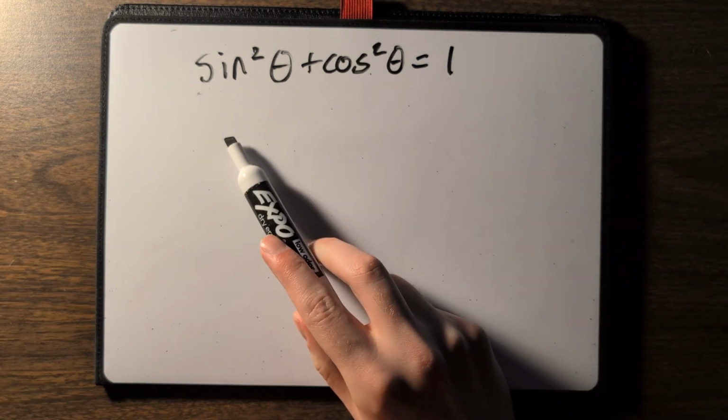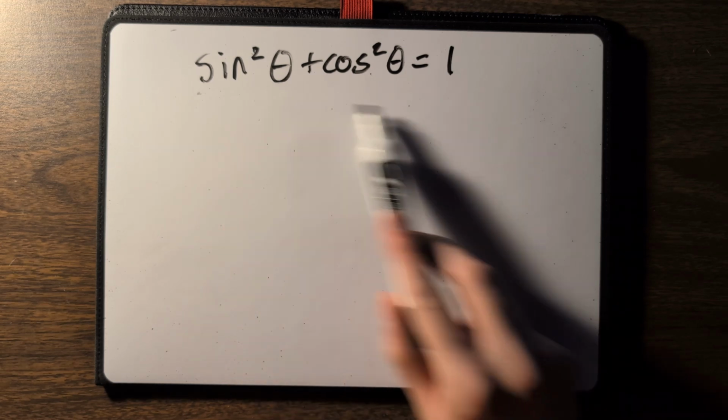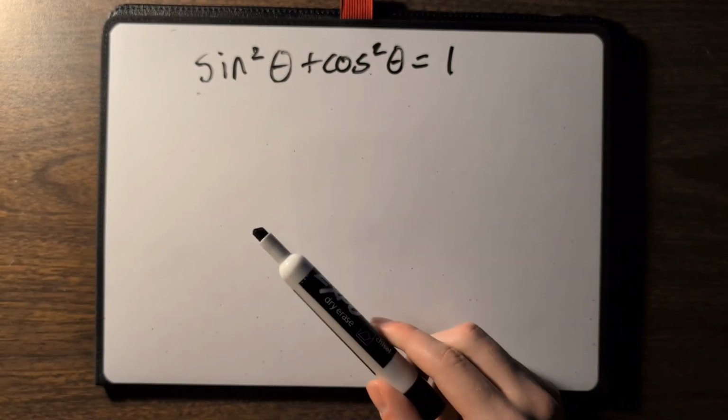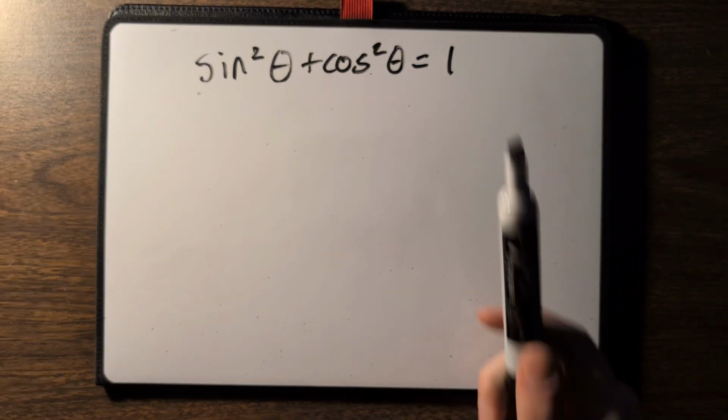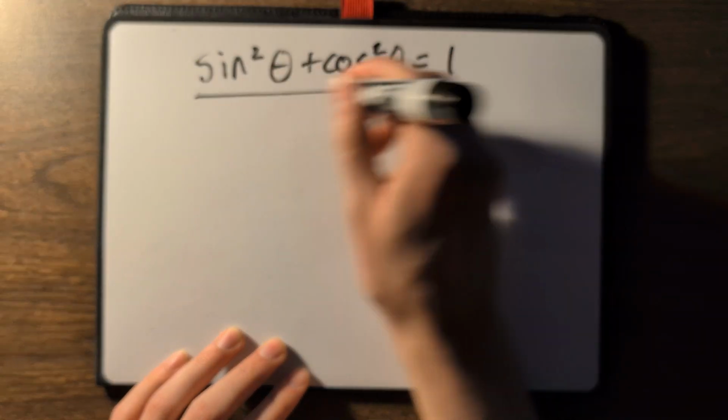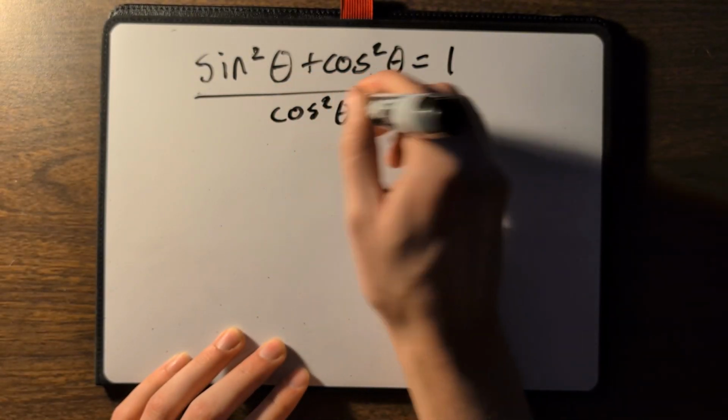Well, using this basic Pythagorean identity, we can come up with more identities for other trig functions. So let's start off with dividing this by cosine squared theta.